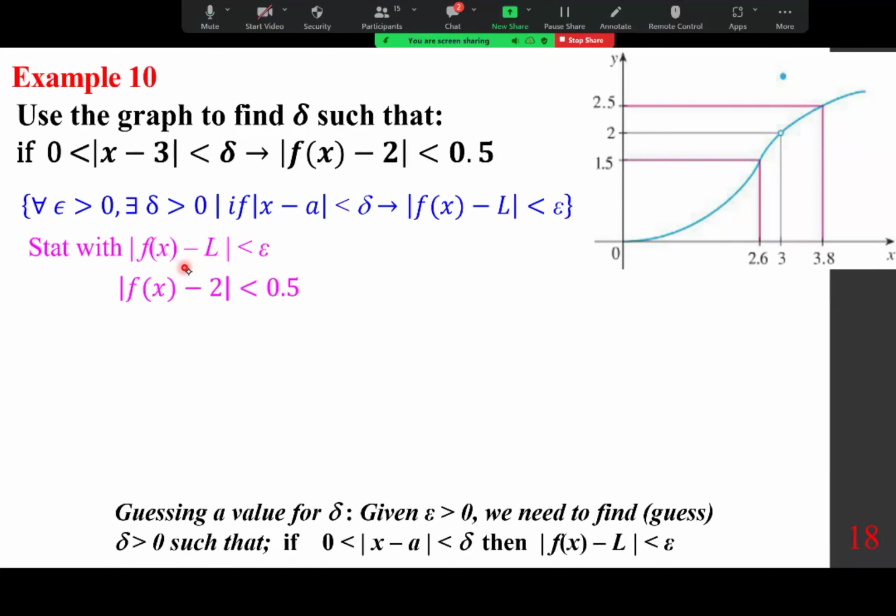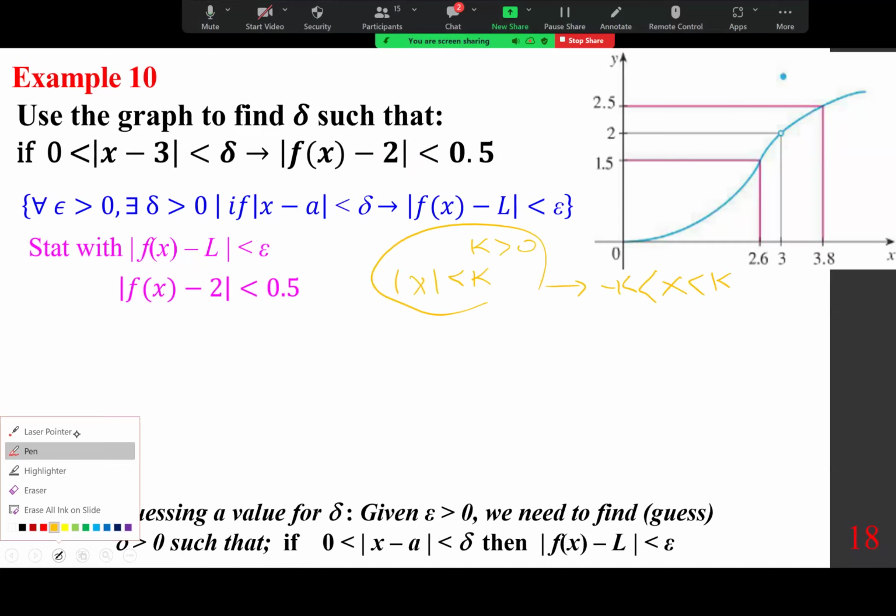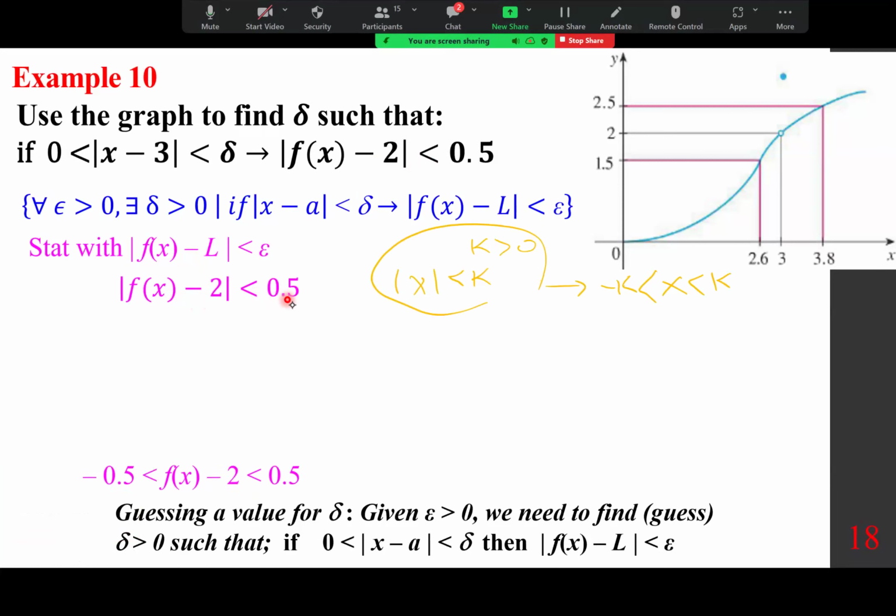Now again, remember what I said about the absolute value. If the absolute value of x is less than k, where k is positive, this means x is sandwiched between negative k and positive k. So therefore, this is sandwiched between negative and positive 0.5.